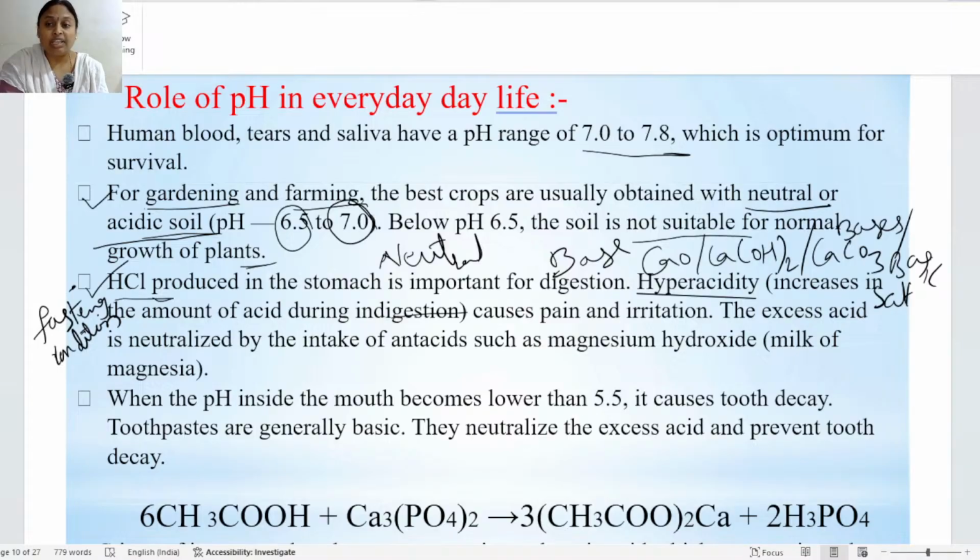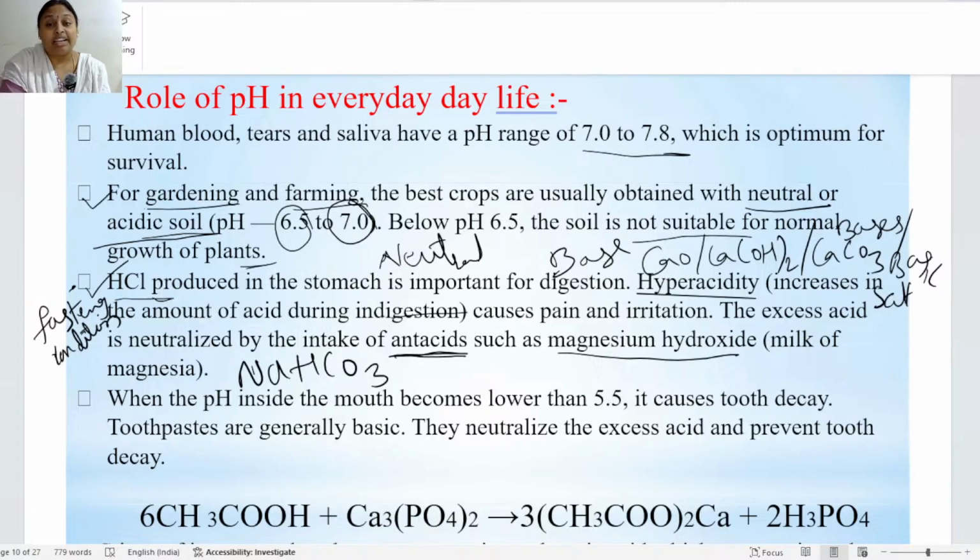To relieve that excess acid, we have to take an antacid, which will neutralize the excess acid. Antacids are such as magnesium hydroxide or a mild base, that is to say, sodium hydrogen carbonate we can take.